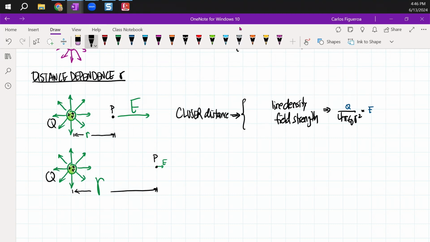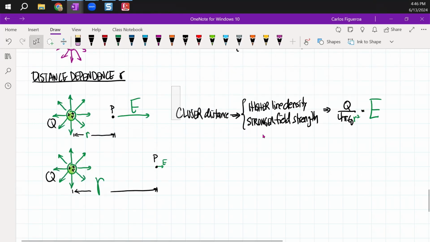So I've got to modify this. What I'm really seeing is that the charge now stays the same in each situation. The difference here is that this is a smaller r, therefore I get a larger electric field there.